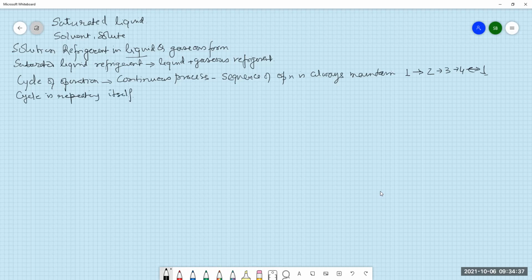A cycle has a start point and a finish point, and then from the finish point it goes to the start point again. It will not finish at 2 and go to the first point, nor finish at 3 and go to 1 like this. Always you have to maintain this sequence of operation.